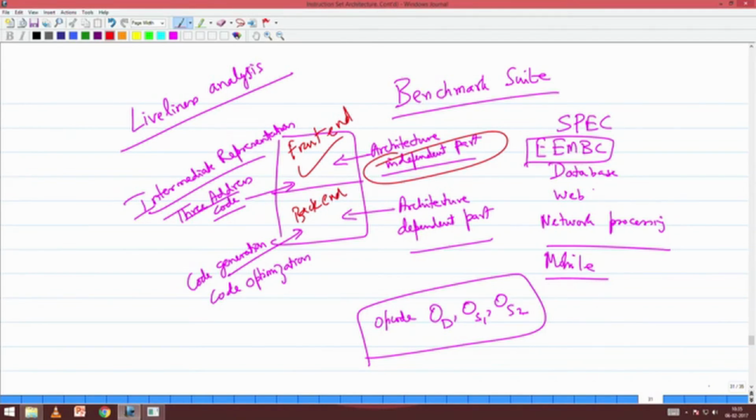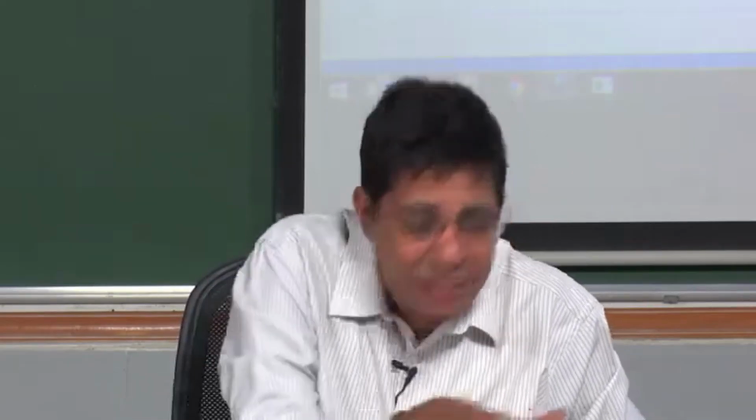So what I do, I want to design a new architecture, say for web transactions. I take representative benchmarks for web transactions, compile them using any compiler, and stop at the front end. So I will have the 3 address intermediate representation of all my programs.